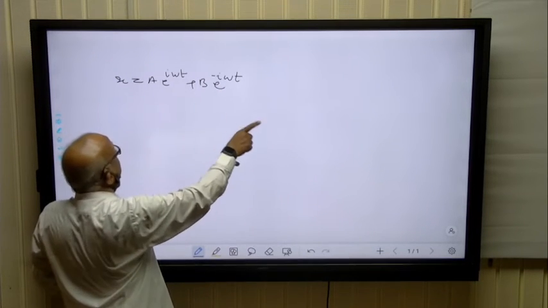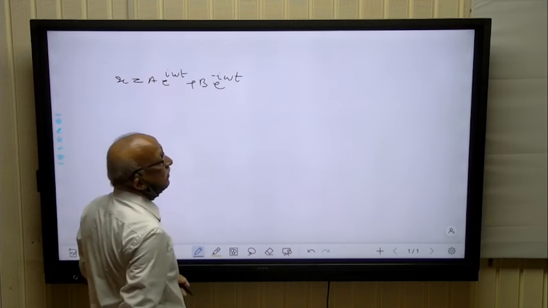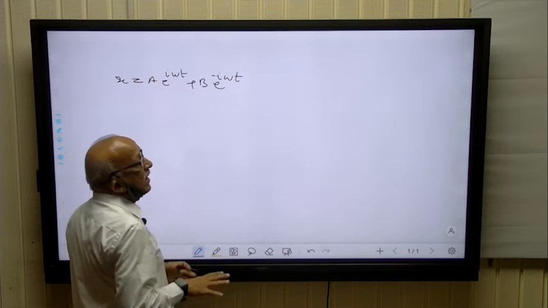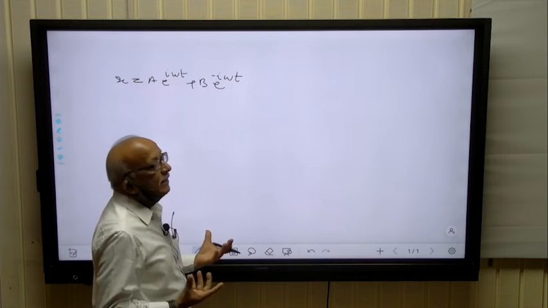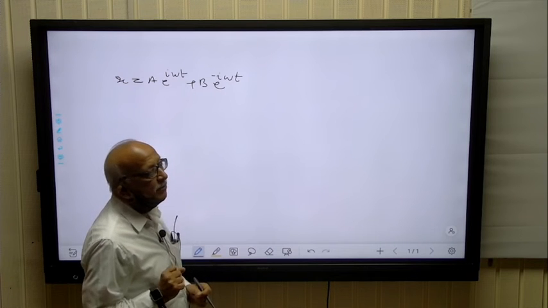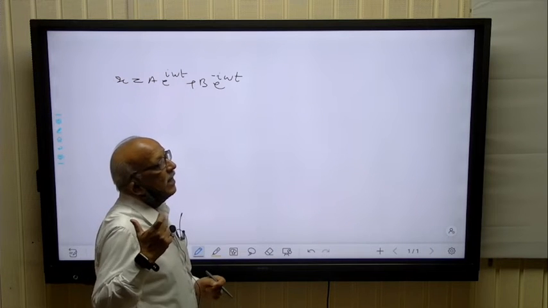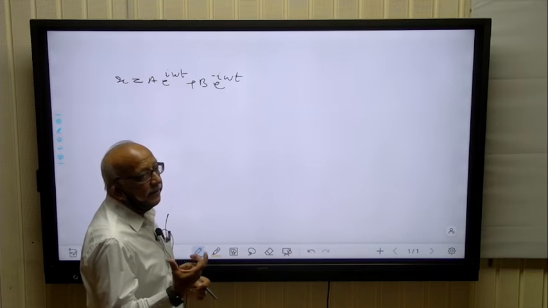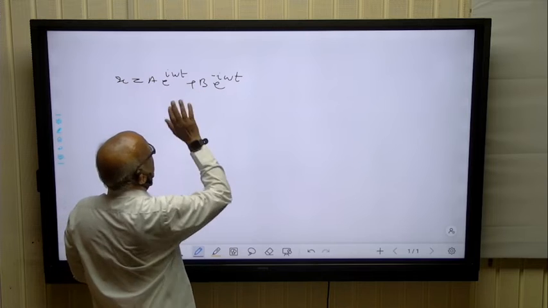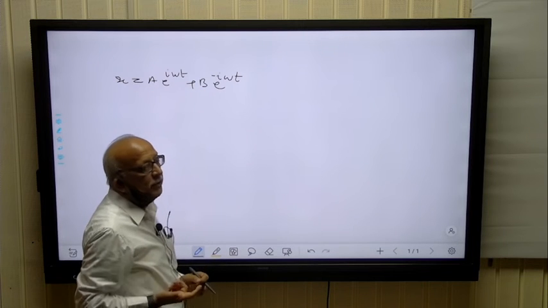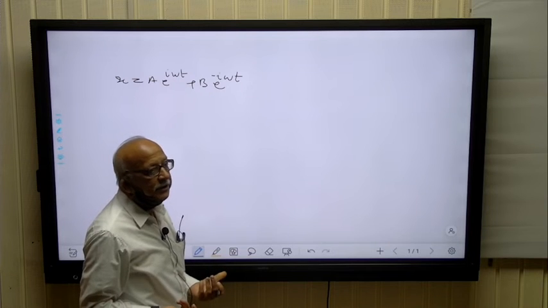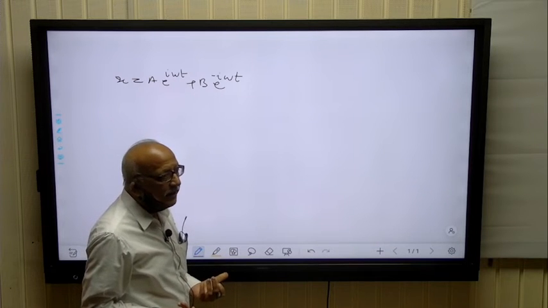I have said that a and b are complex, but I say that the amplitude of simple harmonic motion is always a real quantity. Therefore, these a and b should represent amplitude. So, amplitude is a real quantity.